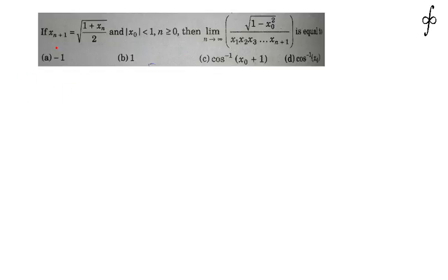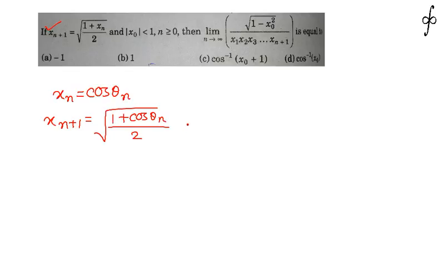So to start with, we can use this relation that is given to us. If you use this particular relation and if we start by taking x_n to be, suppose, cos theta_n, then we can easily see that x_{n+1} will come out to be root over (1 + cos theta_n)/2.